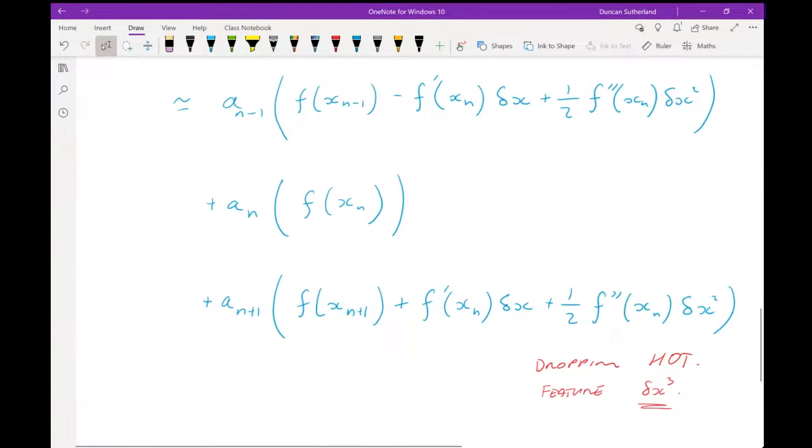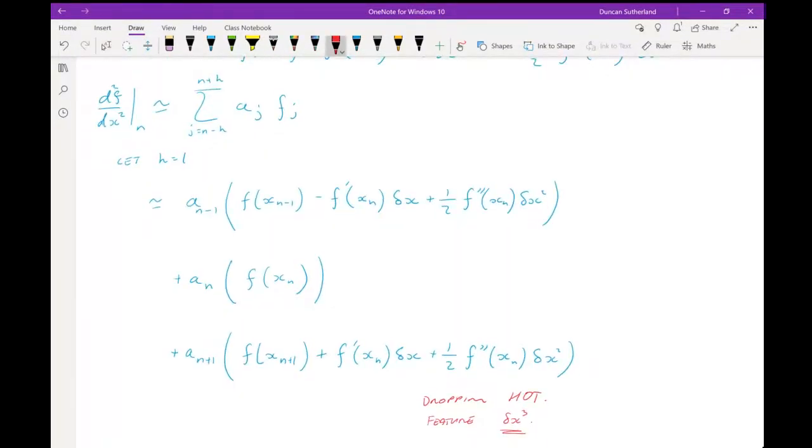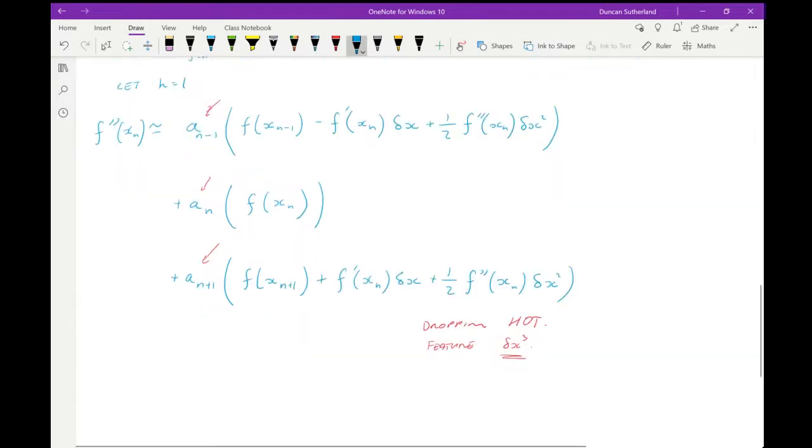So what we want to do is approximate this by this, and we need to find the a n minus 1, a n, and a n plus 1. So by writing this f dashed x n, to continue with the notation that we've used, we're going to equate like terms across the equal sign.